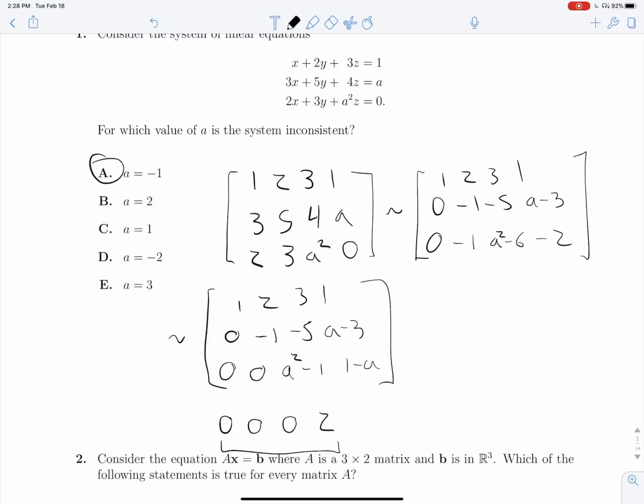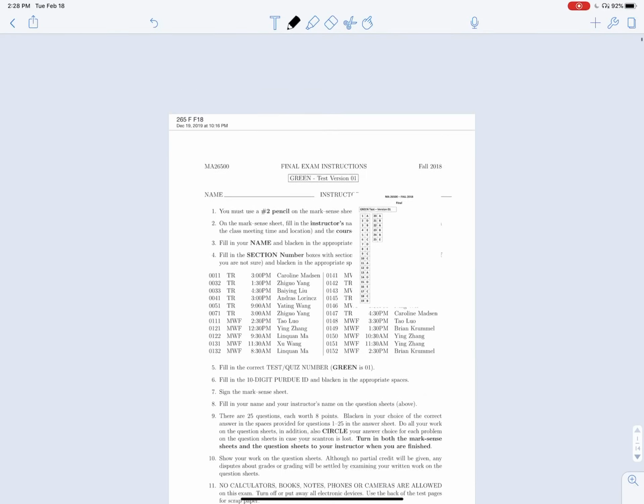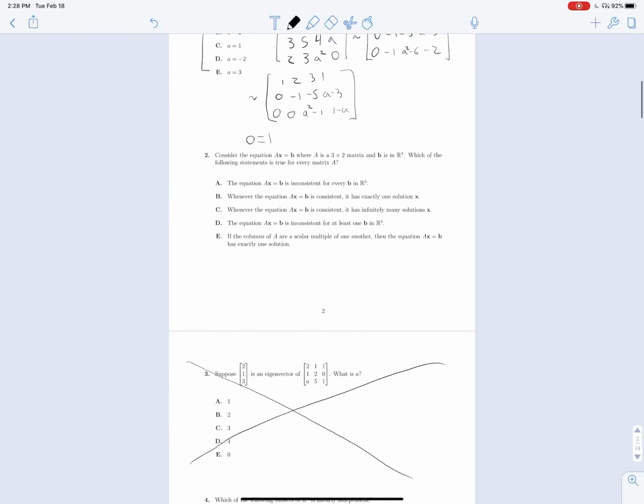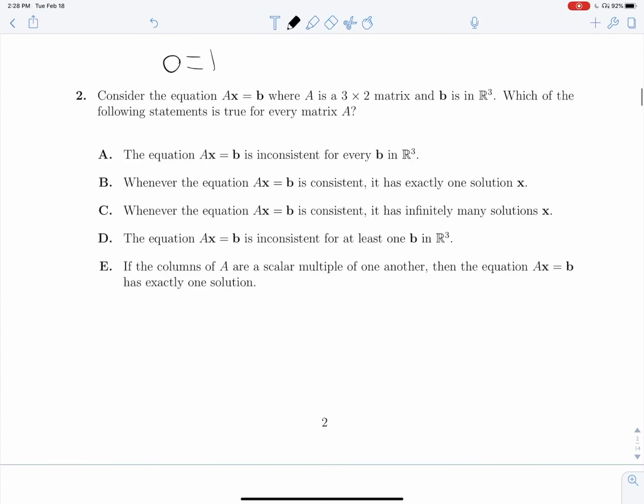And A is our correct answer choice up here. With all of these other ones, you will get non-zero values in this spot, and it can be a zero value in this spot, but as long as we don't get that 0 equals 1 kind of identity, we're good. So A is our correct answer for question 1.